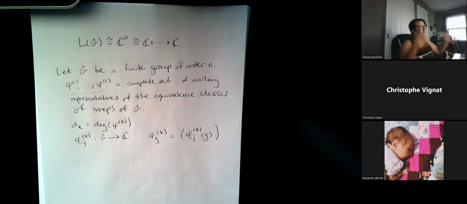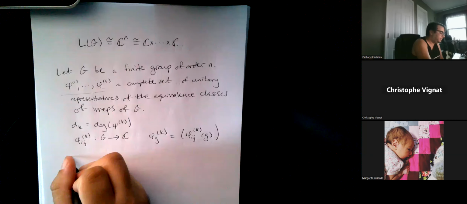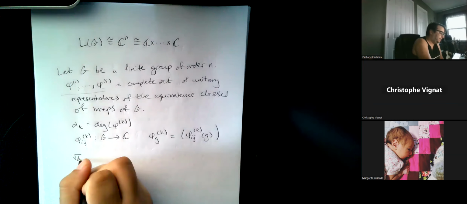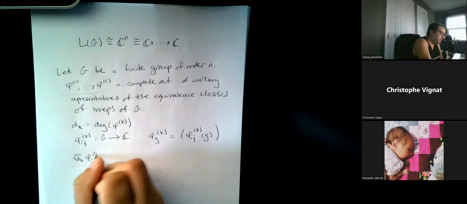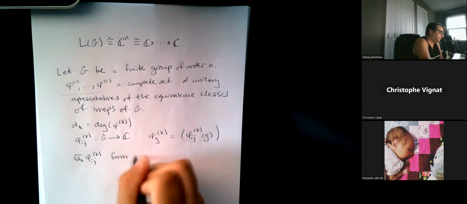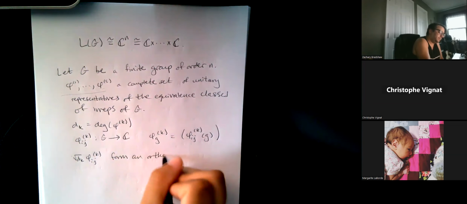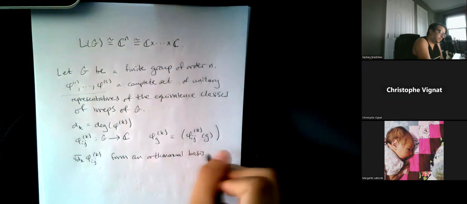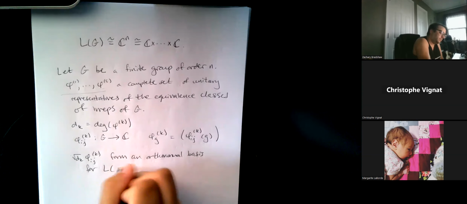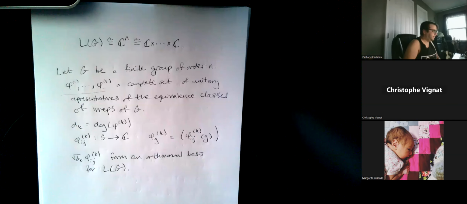So these phi_ij's are the coefficients of the matrix of phi^k. And one more thing. We also showed that if we normalize these things with the square root of d_k, then these form an orthonormal basis for the group algebra. So this is all stuff from the past.